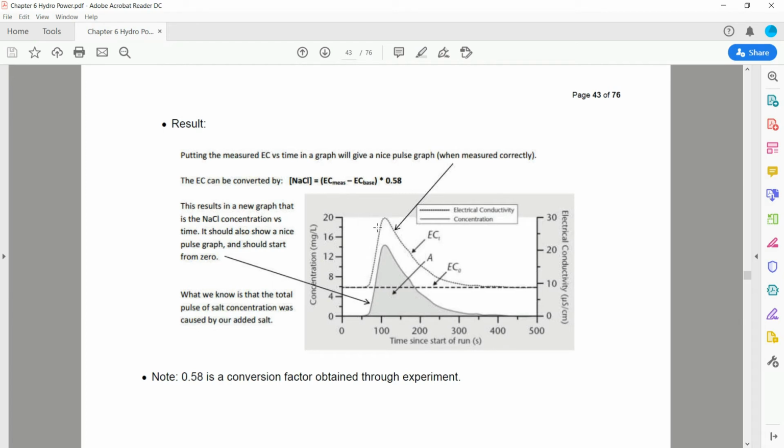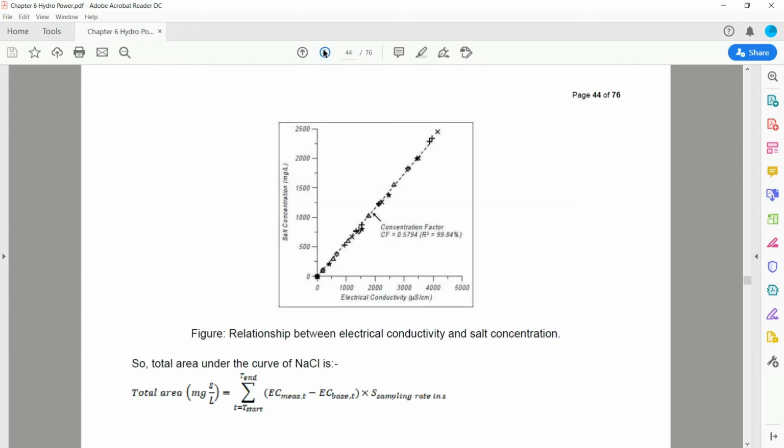So this is the added salt to the stream. This is the EC background of the stream. And here is how we get the concentration factor 0.58 for the salt concentration.